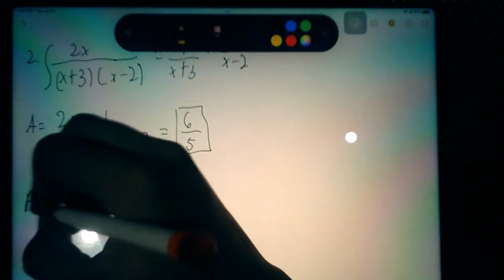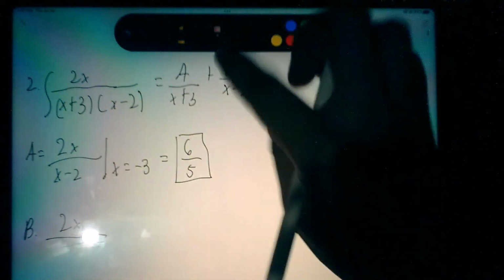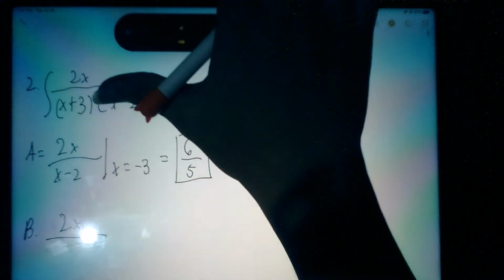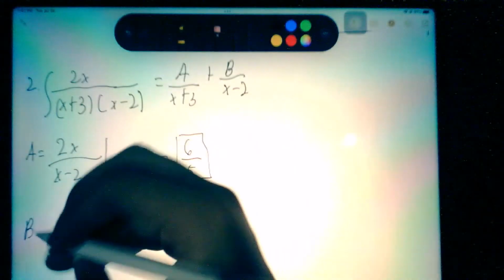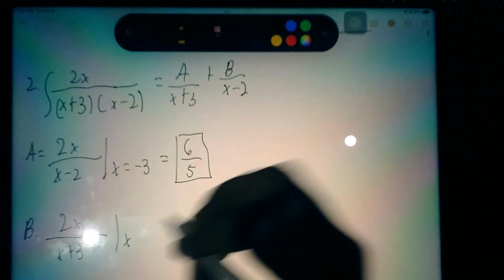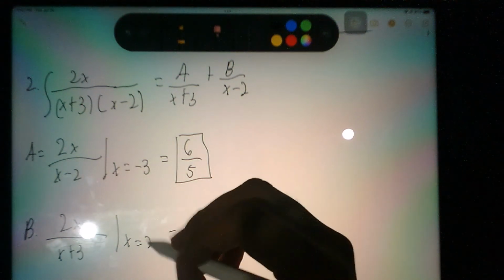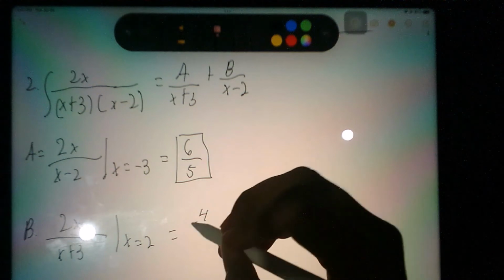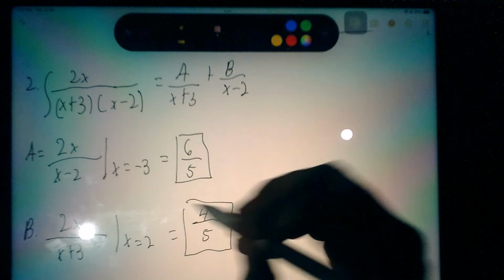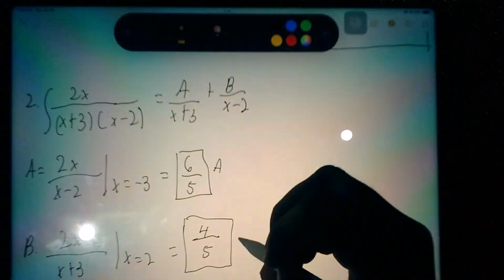Now for b, this is just 2x, and using the cover up method, let's cover x minus 2, and what will be left is x plus 3. The value of x here is just 2 because 2 minus 2 equals 0. Then by substituting x, this becomes 4 over 2 plus 3, which is 5, so 4/5. This is our value for b. This is a and b.